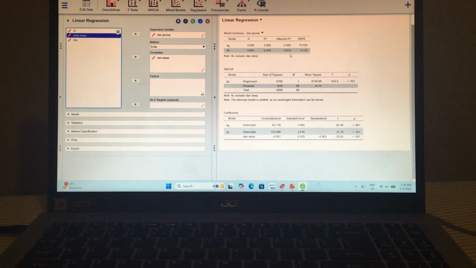Essentially, these are the hypotheses being tested in the ANOVA table. The null hypothesis is that the model does not predict big Y, and the alternative hypothesis, or H1, is that the model does. I'm not sure if there's a typo here.